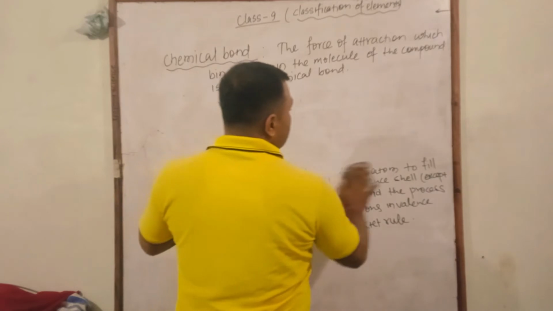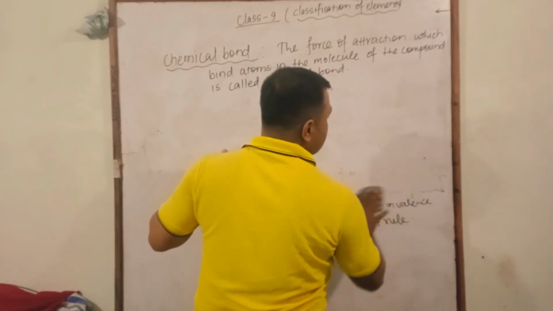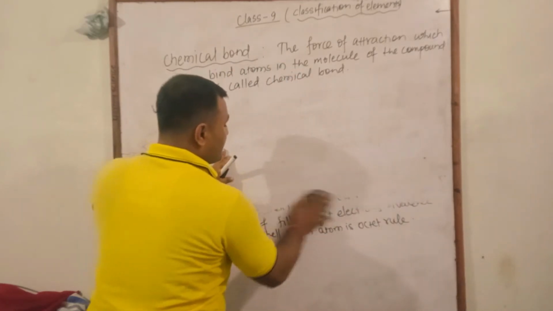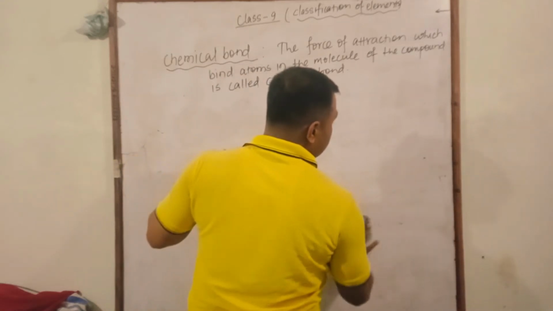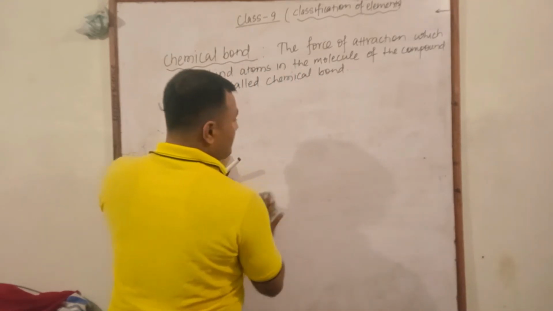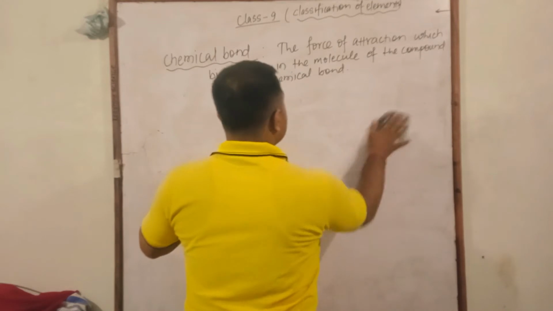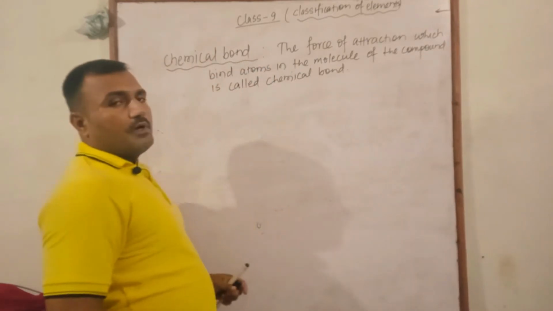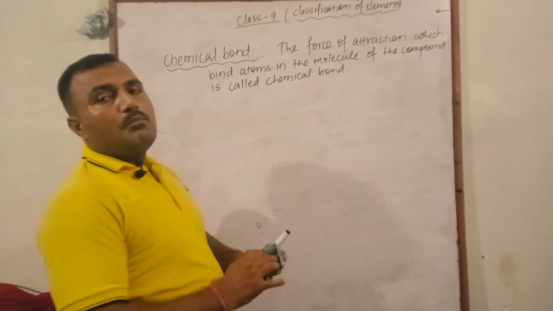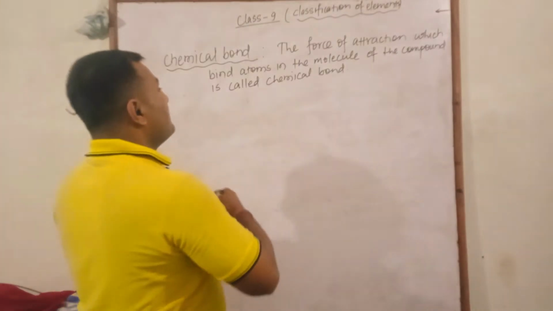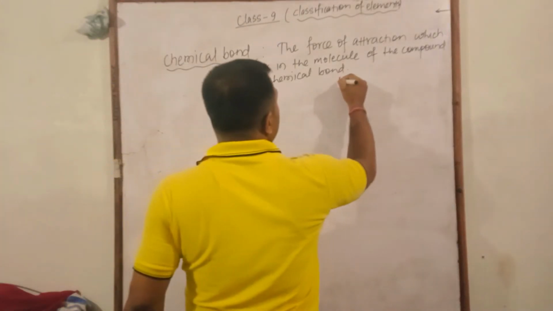Therefore, here we define chemical bond as the attraction force found between the atoms in the molecule of a compound. That chemical bond is formed mainly in two ways.